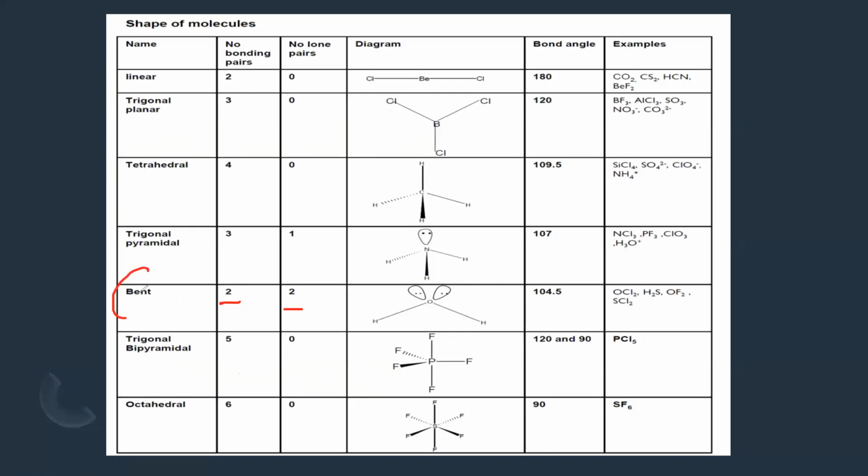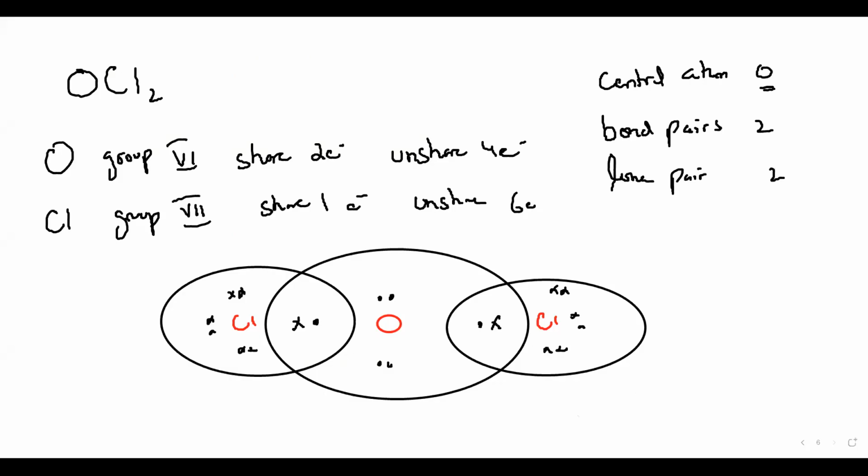So what should be the geometry? It will be a bent or V shape with a bond angle of 104.5. When we draw the structure, this represents the sharing, but how will the structure appear? There will be oxygen having 2 lone pairs, which have maximum repulsion, so a greater gap between the lone pairs, and they repel the bond pairs.